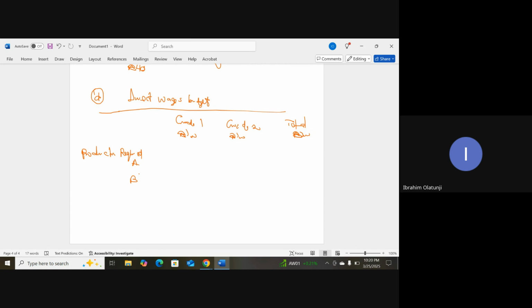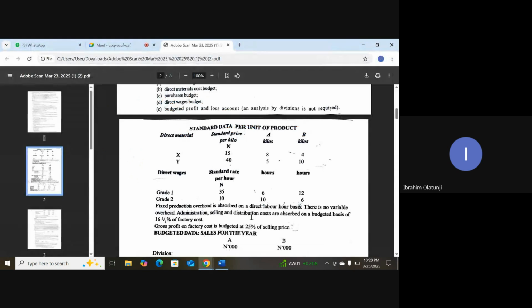How many units are they going to produce? 24,300, right?